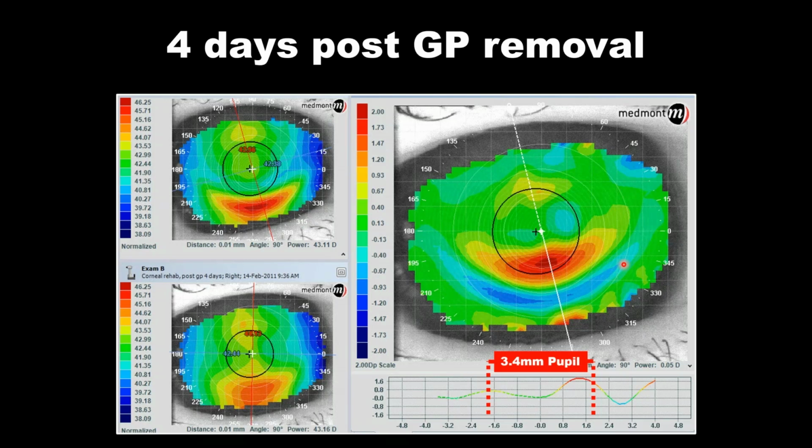And this subtractive map is incredibly valuable. Imagine if you have an 18-year-old patient that is showing some kind of inferior steepening, and you're wondering, is this a droopy cornea or is this a diseased eye that we should be following? Well, if we were to map the patient today, map the patient 6 months from now, do a subtraction, if we're seeing a hotspot popping up, we know that that eye is shifting.